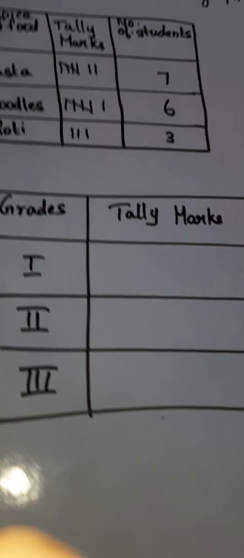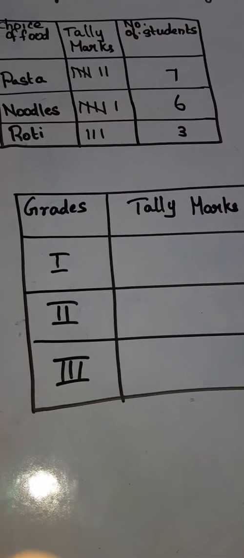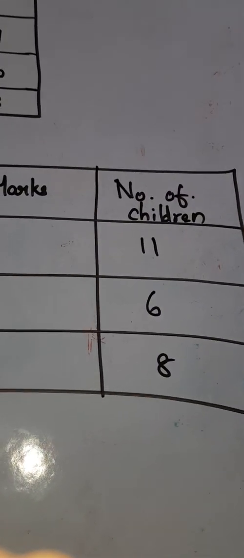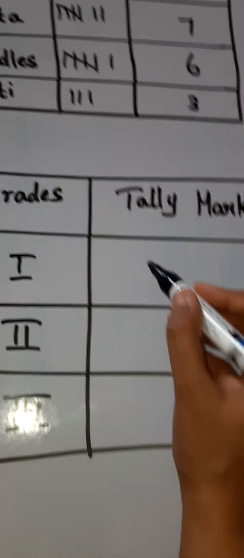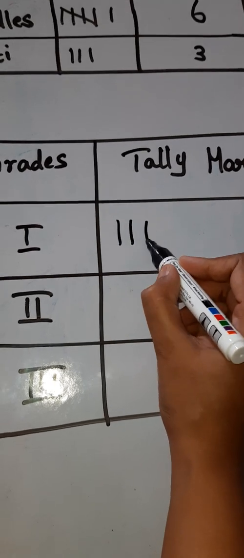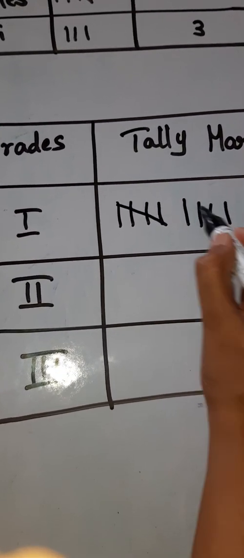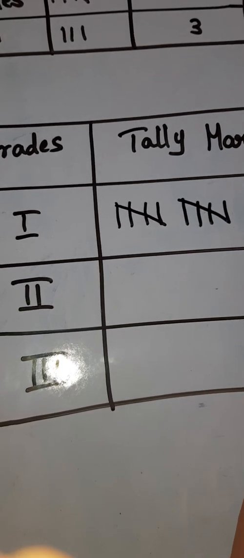The next one is grade: the type, different grades come under column 1, tally marks in column 2, and number of children in column 3. Here again, grade 1 has 11 children. So 1, 2, 3, 4, 5, 6, 7, 8, 9, 10, 11.